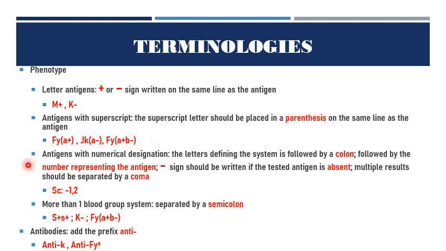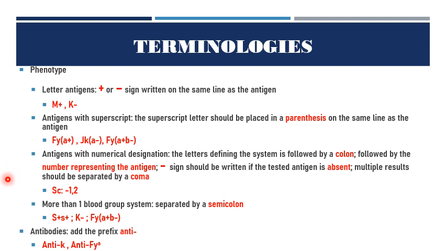For antigens with numerical designation, the letters defining the system are followed by a colon, and then followed by the number representing the antigen. Minus sign should be written if the tested antigen is absent, and multiple results should be separated by a comma.